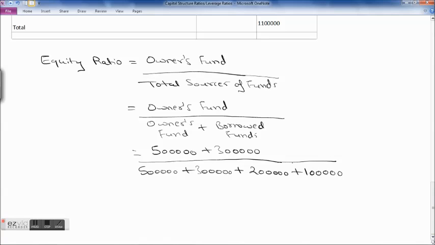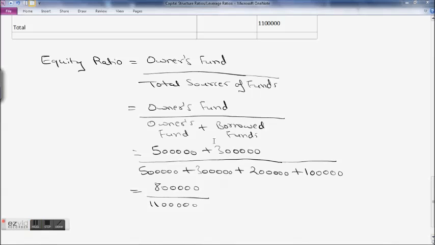This comes to 8 lakh divided by 11 lakh, which comes to 0.7272 or 72.72 percent. That means out of total sources of funds, 72.72% is the owner's fund.